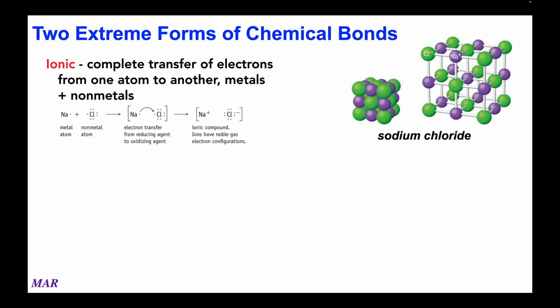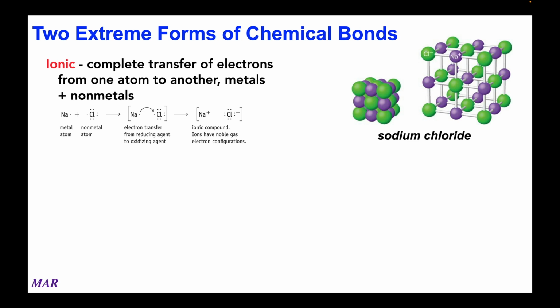As you can see from that example right there, sodium metal has one extra electron on the outside, and it's happy more or less to give up its electron to chlorine. And chlorine has a spot for it there. When that happens, you end up with a positive sodium because it's lost an electron, and a negative chlorine because it has an extra electron. That positive-negative attraction is actually quite strong. It's called an ionic bond. It's one of the strongest kinds of atomic bonds that are known.